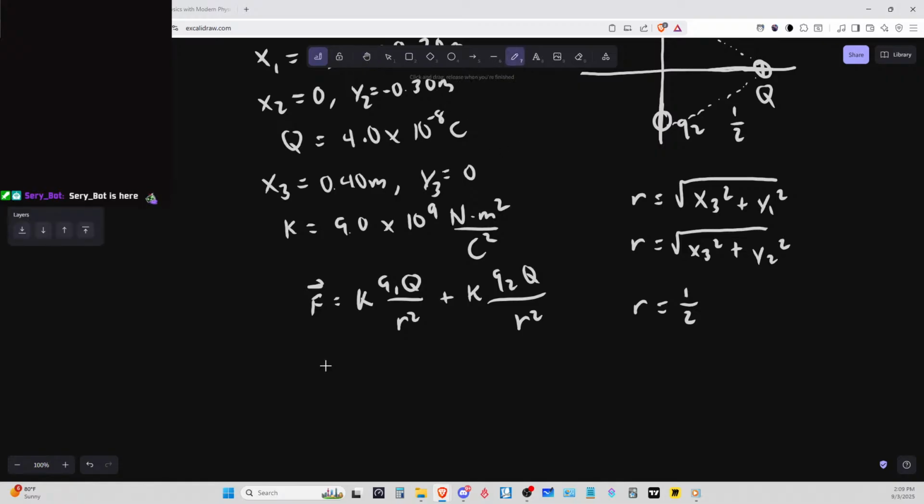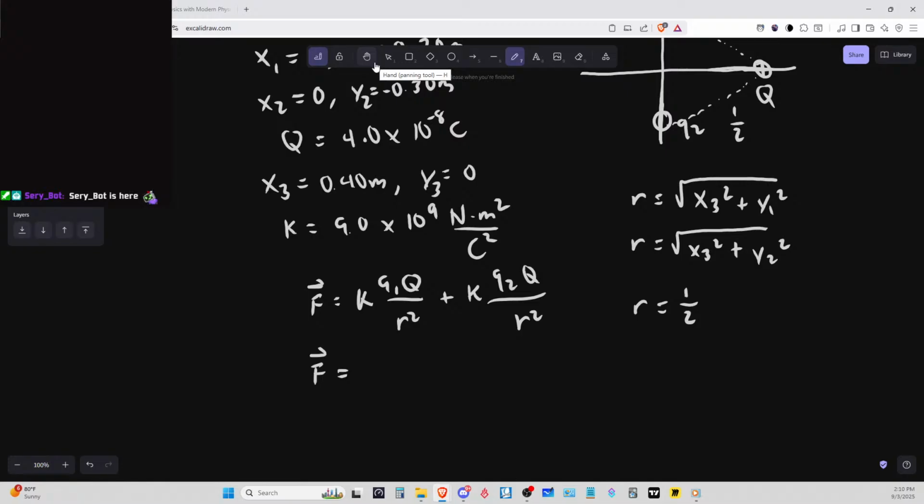So for F, 0.9 times 10 to the 9th times, I think it was 2.0 times 10 to the negative 8 times 4.10 times 10 to the negative 8, and then divide that by a half squared.